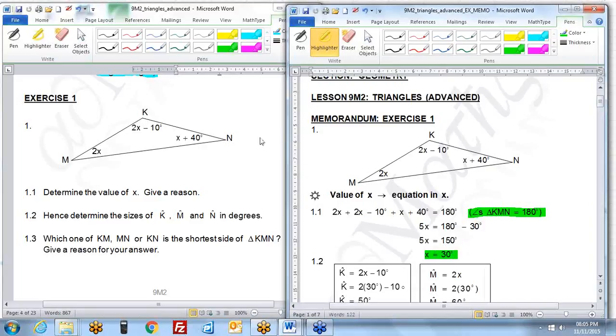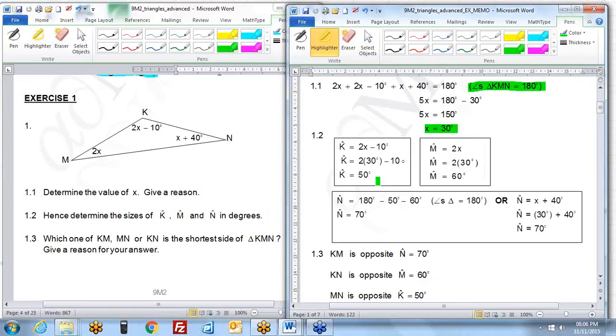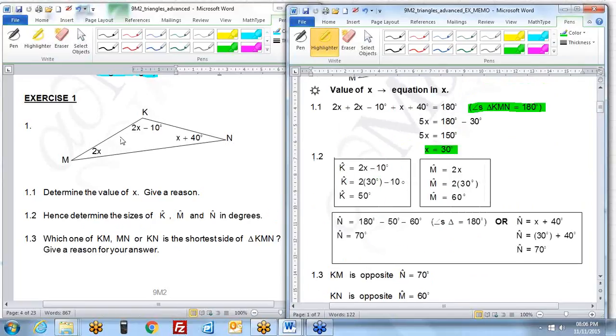So now we can substitute the x with 30, and then we can get actual values for the angles. Hence determine the sizes of angle K, M, and N in degrees. So angle K, 2x minus 10 degrees. Substitute the x with 30 degrees because x's value is 30 degrees, and you get angle K equals 50.